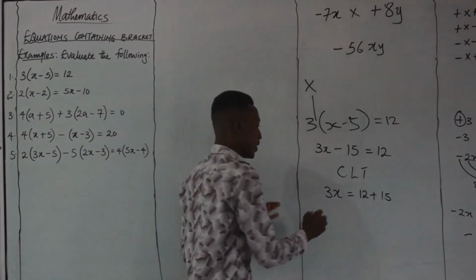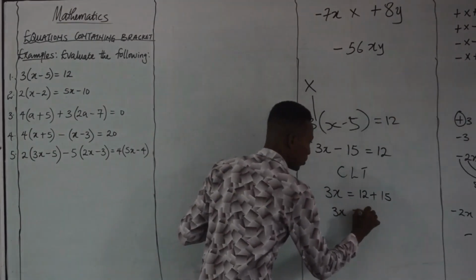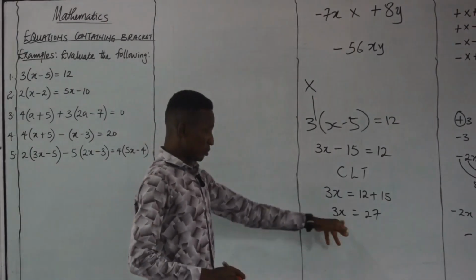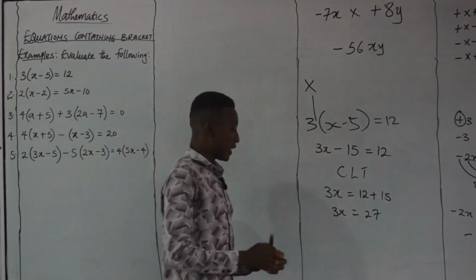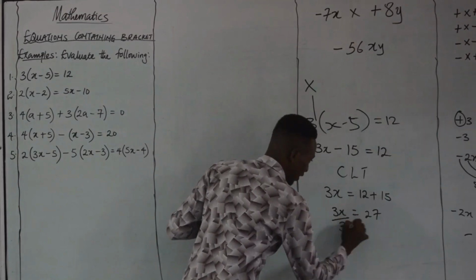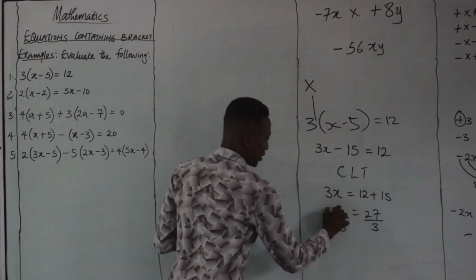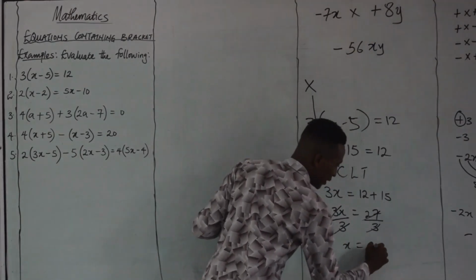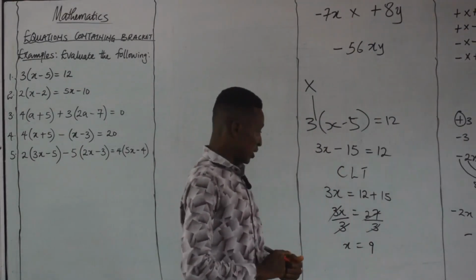Then when you add it together, we have 3x equals 27. So easily we can proceed from here. You divide both sides by the coefficient of x, just like we did in our last class. The coefficient of x is 3. So when we divide, x equals 9. So that means 27 divided by 3 gives us 9.